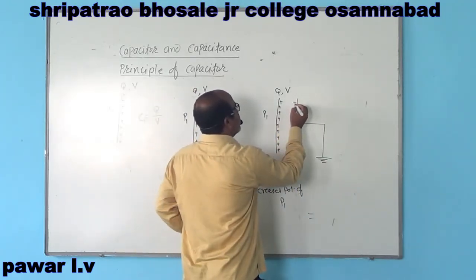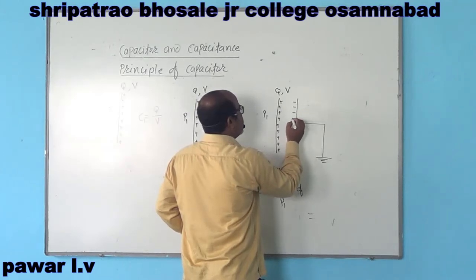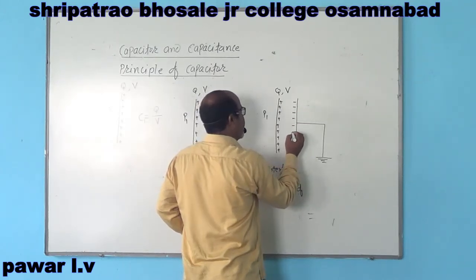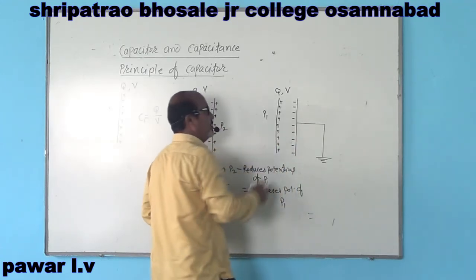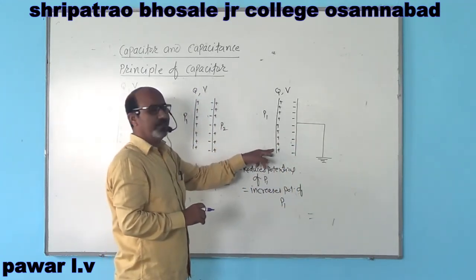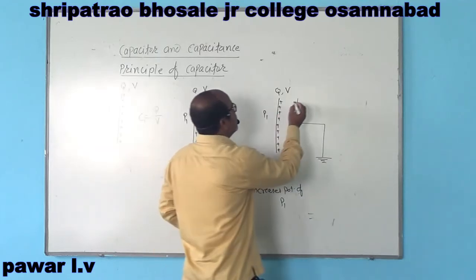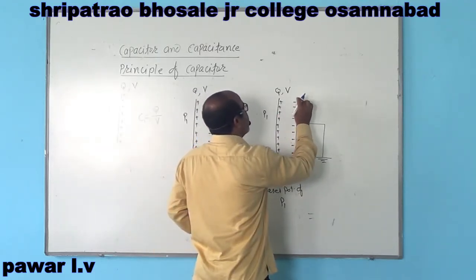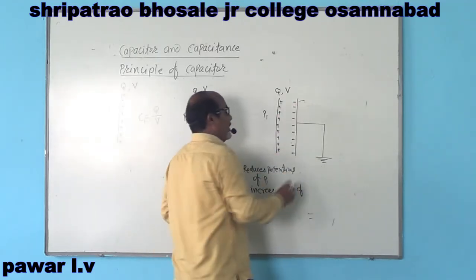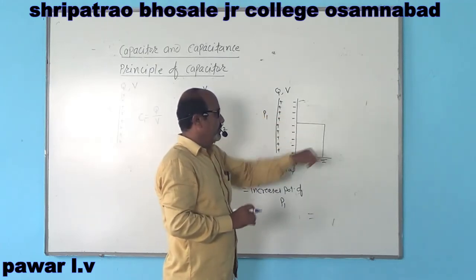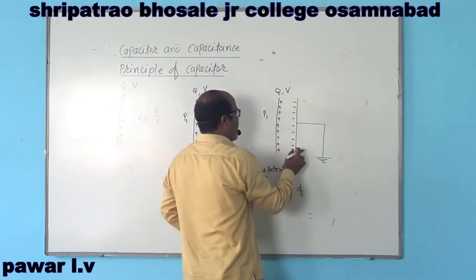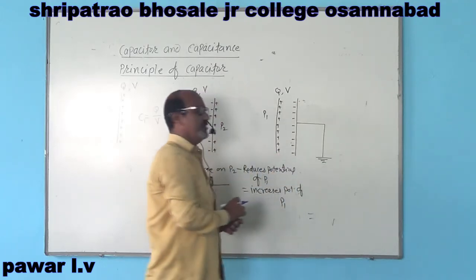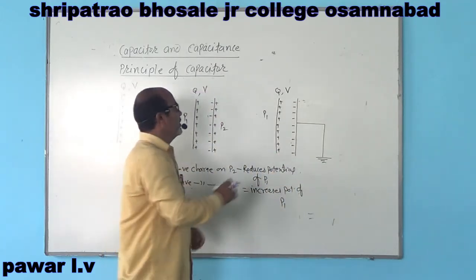Therefore, the negative charge on the inner side of plate P2 is bound by a force of attraction with the positive charge on plate P1. But the positive charge on P2 is free, therefore it escapes to earth. Now, the potential of this plate P2 is negative.